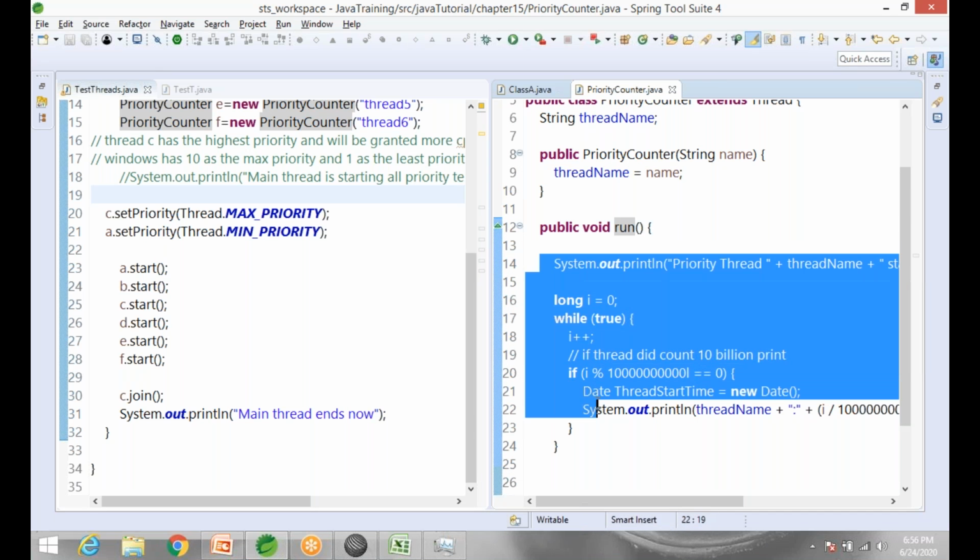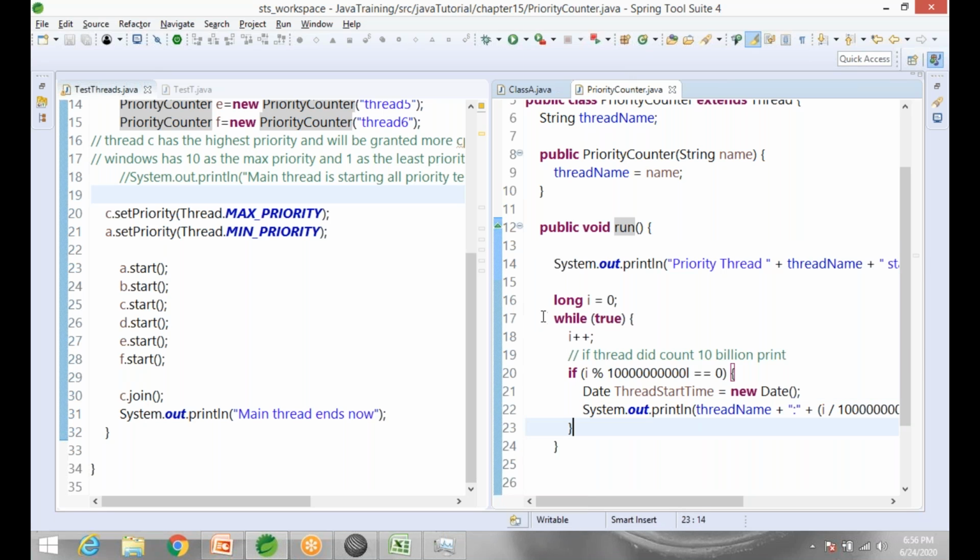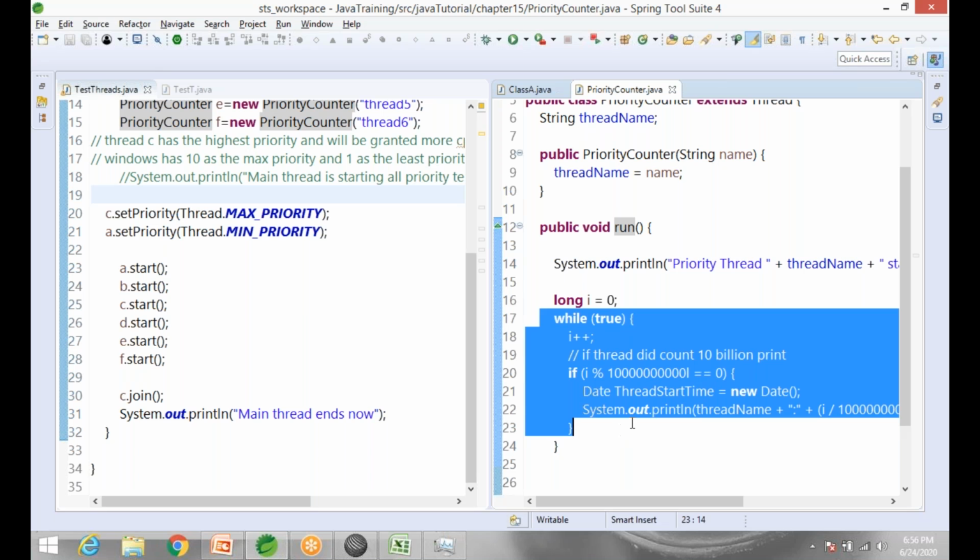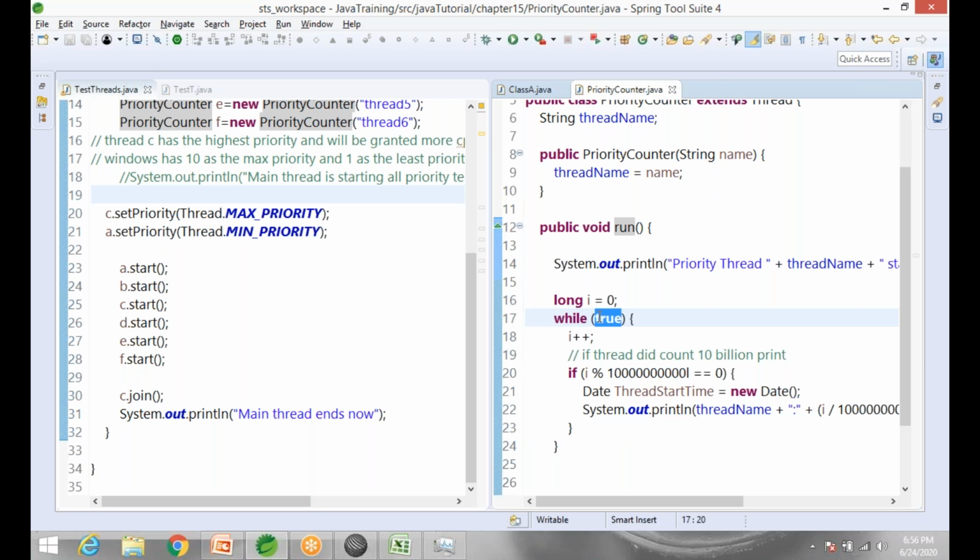This is the main entry point for a parallel programming class. As you see, this is also an infinite loop, isn't it? While true, meaning this is an infinite loop. I'm just trying to show you how powerful your CPUs are.